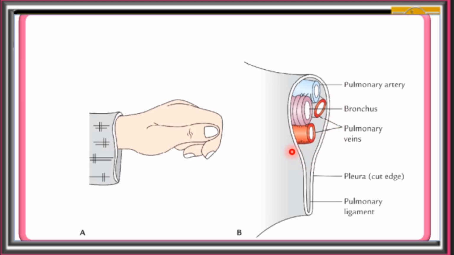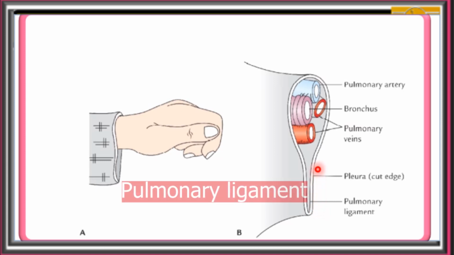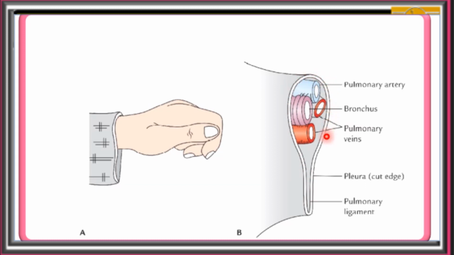Now this cuff will extend downwards and hang as a loose fold as we are seeing here. So this loose fold or extension of the cuff is what we call the pulmonary ligament. Here is the cuff, pleural cuff, and this extension down is the pulmonary ligament.